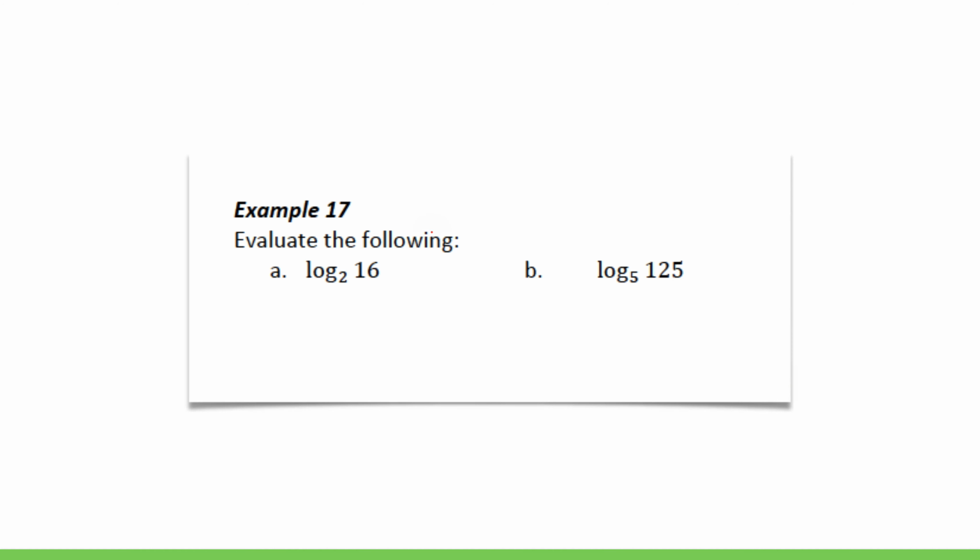So for example, 17a: if I say the answer I'm searching for is x, remembering the rule that log of a certain base will give me an answer, that answer is the power to the base to give me y.